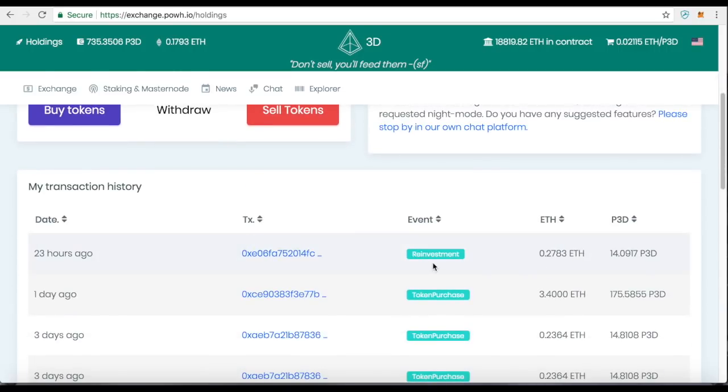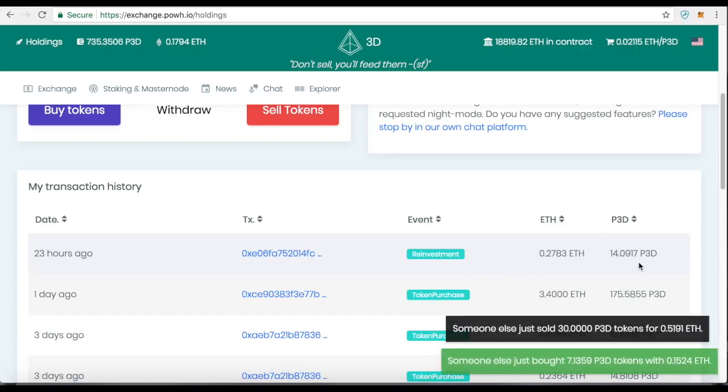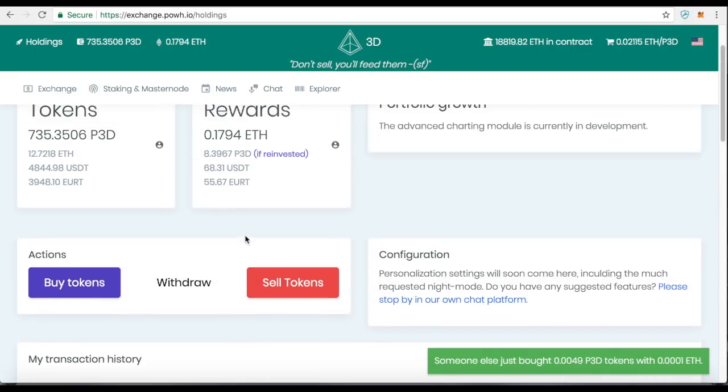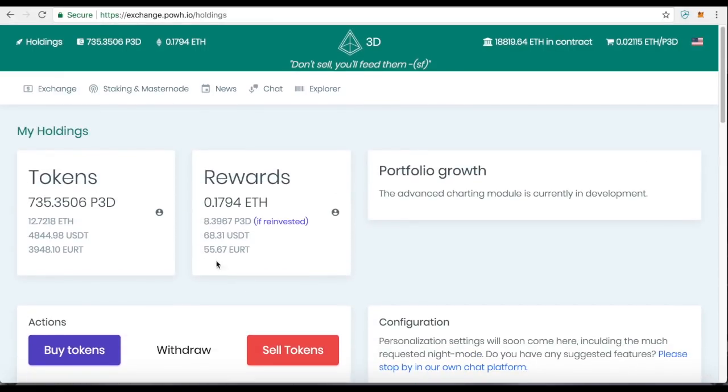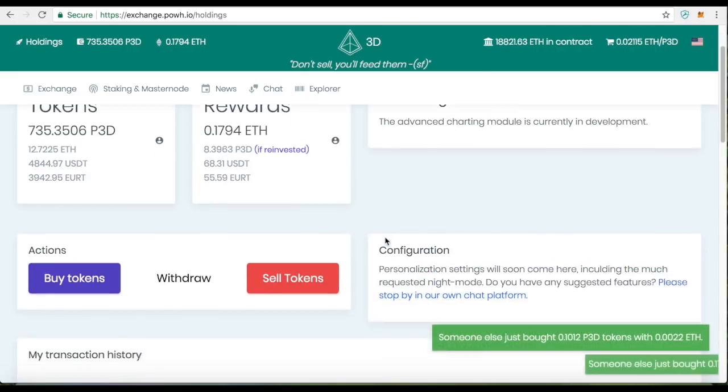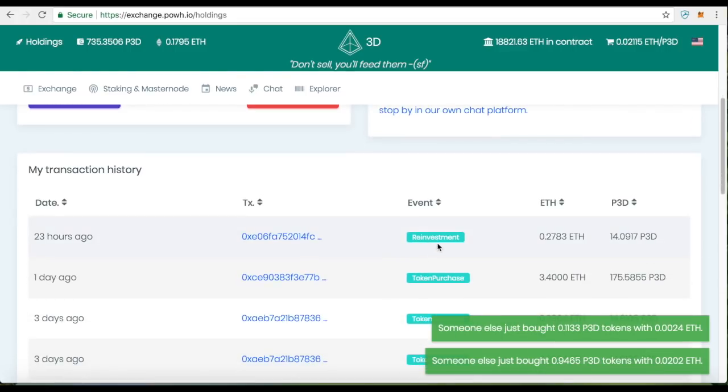Over here. Reinvestment. So that's my first reinvestment. Okay, 14 P3D coins, and that was 23 hours ago. Okay, so this is how much I've made after that. So I'm waiting for this, maybe tomorrow morning, 8 hours later, this will probably be about 14 P3D tokens again that I'm going to reinvest.